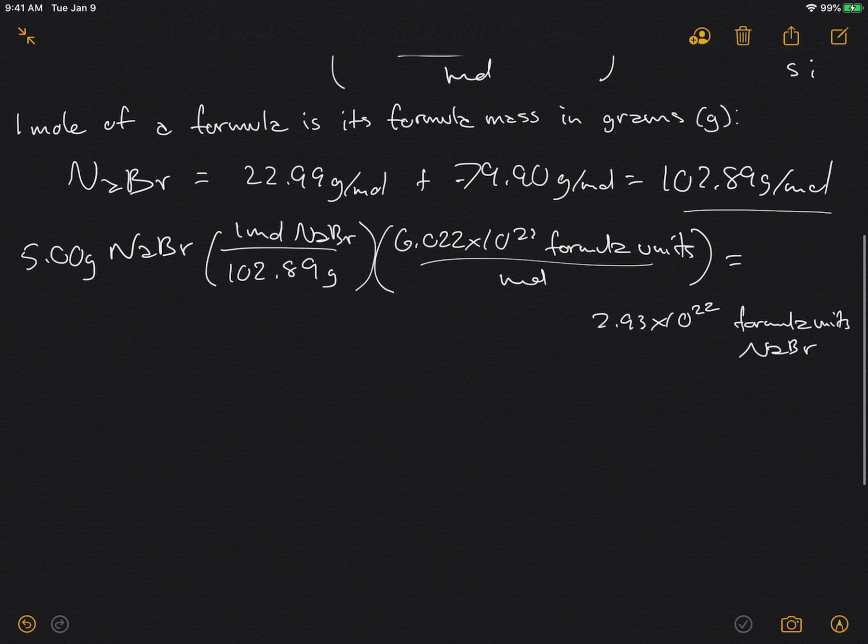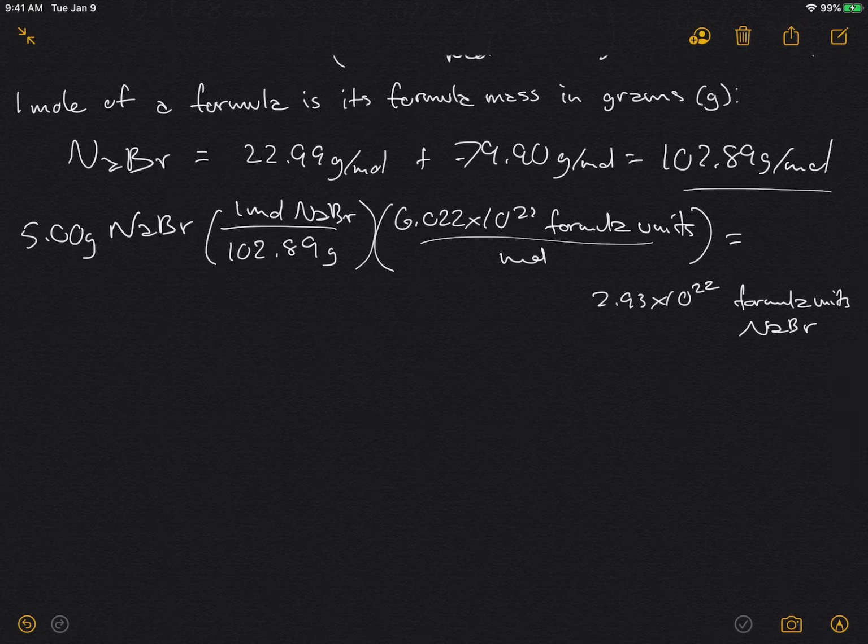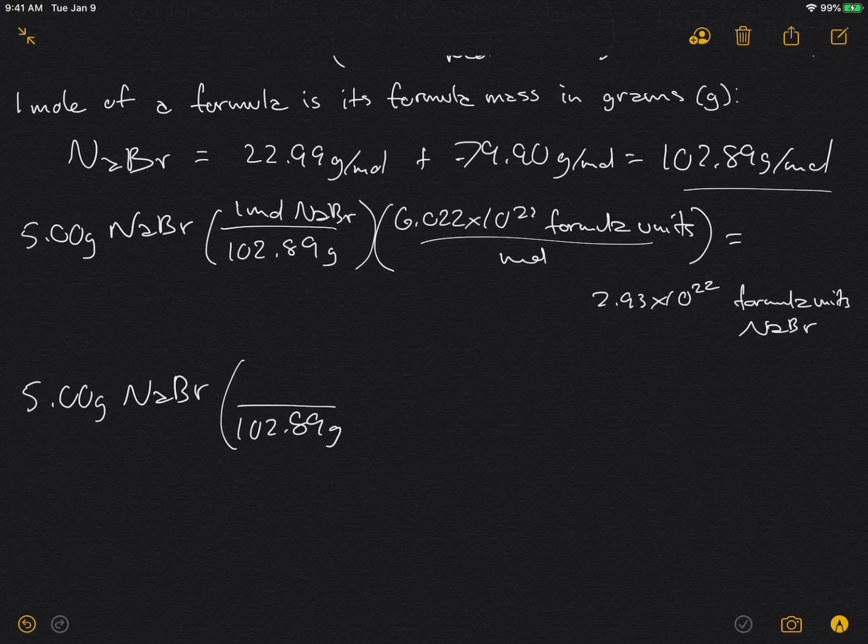Take it one step further, and let's find out how many sodium ions are in 5 grams of sodium bromide. So if we have 5 grams of sodium bromide, first thing we always do, when in doubt, convert to moles and see where to go from there. So 1 mole of sodium bromide is 102.89 grams. Grams cancel out, now we're in moles.